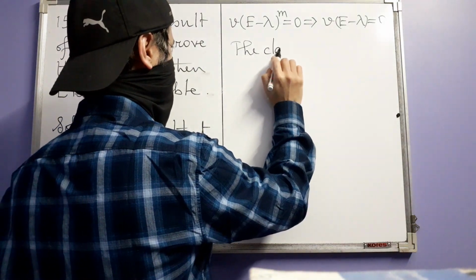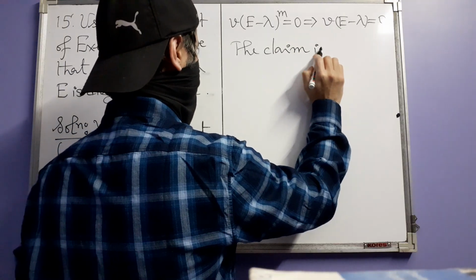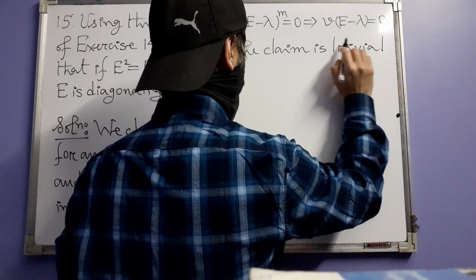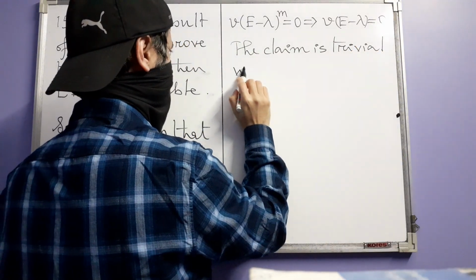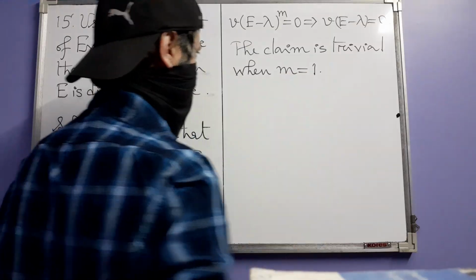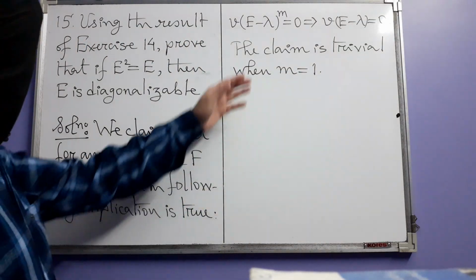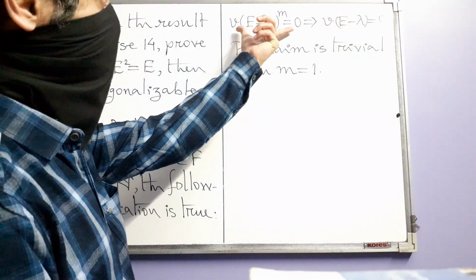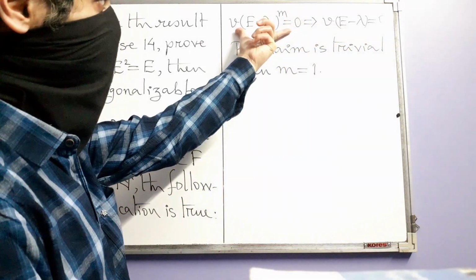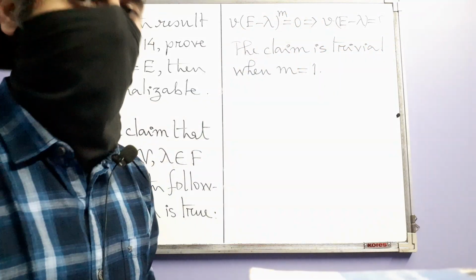The claim is trivial when n is 1. Why? Because if n is 1, then this side of the implication, the hypothesis of the implication, is just the conclusion itself.